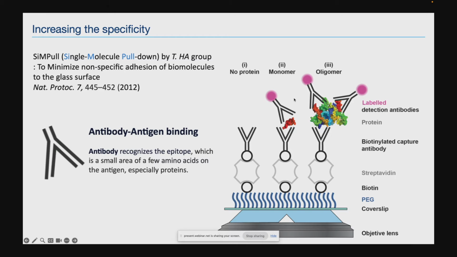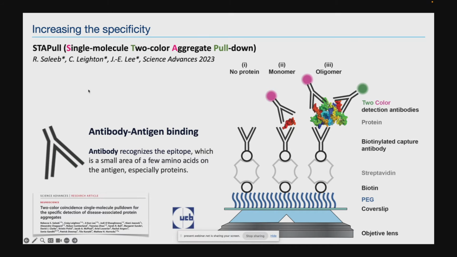So what we decided to do is to improve this technique further by introducing a second color. And we called it the so-called STAPLE technique. In STAPLE, which is single molecule two color aggregate pull down, we now know when we have a monomer versus an oligomer just by looking at the different colors. If we have monomeric protein, it can either bind the green antibody or the pink antibody, which both target the same epitope.